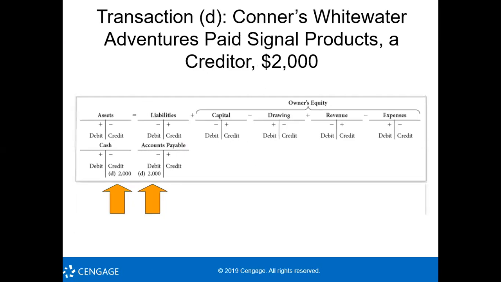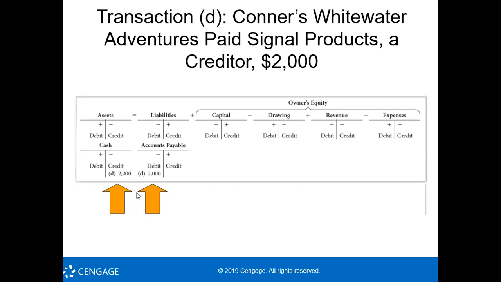All right, here's our next one. Connor's Whitewater Adventure paid Signal Products, a creditor, $2,000. Okay, so we owed this balance to Signal Products, and now we're paying it off. In chapter 1, we used the example of when we pay our credit card payment, right?